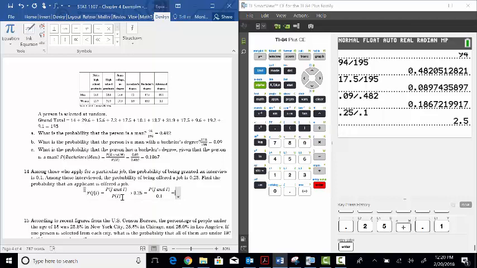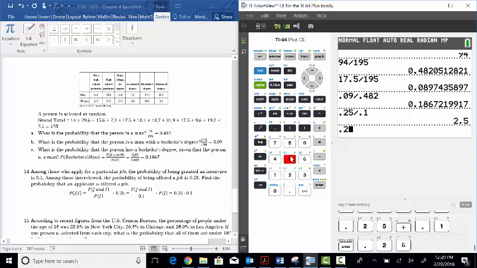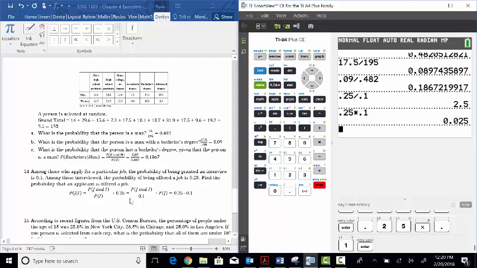Alright, so to figure out the probability of getting the job, which means that you're also interviewed, so job and interviewed, is simply 0.25 times 0.1. And so if I do that over here, we're going to get 0.025 as our probability.